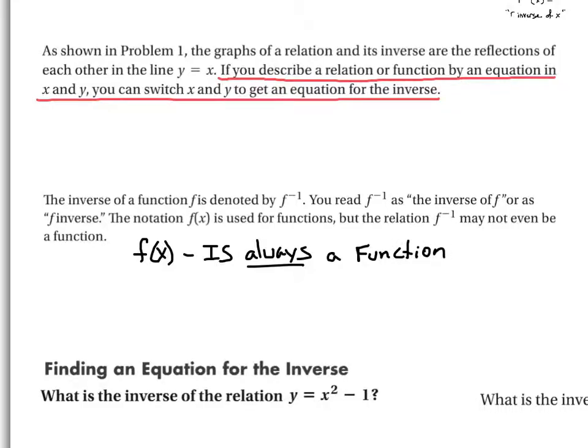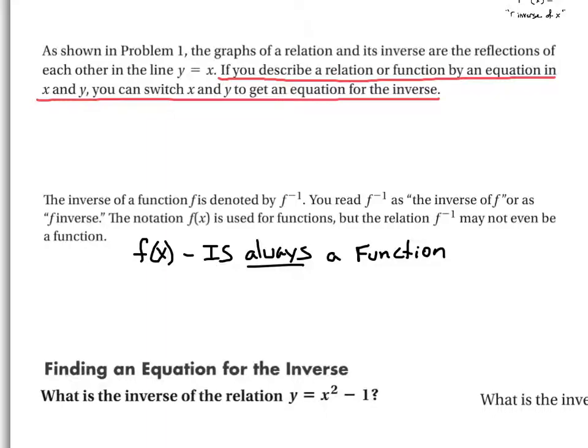So if the book or an assignment or a test says f of x equals some equation, you know positively, 100% without a doubt, that that is definitely a function. Why? Because they told you so. Because it says f of x equals, or g of x equals, or whatever they want to call the function. Okay, we've dealt with that. We've done a lot of function notation in the last couple of sections.